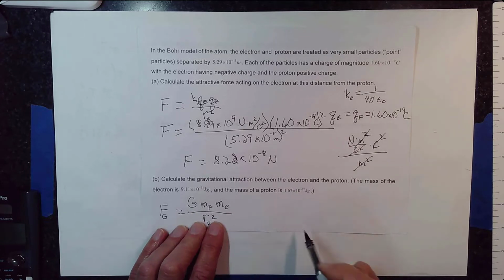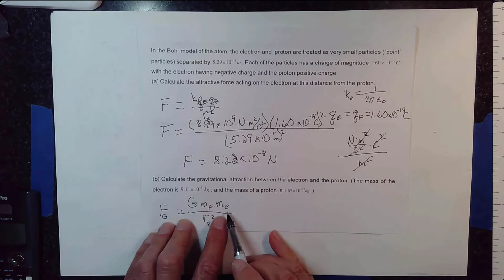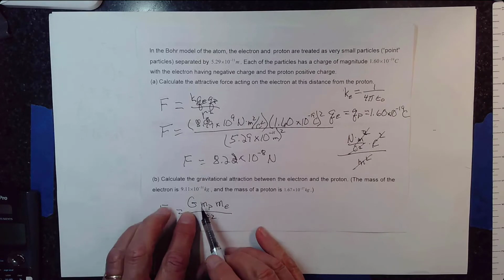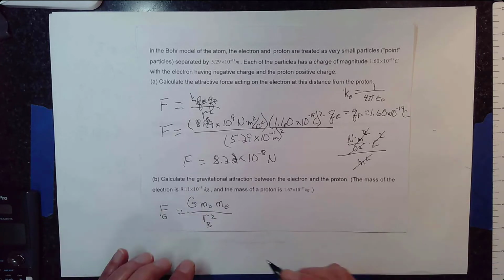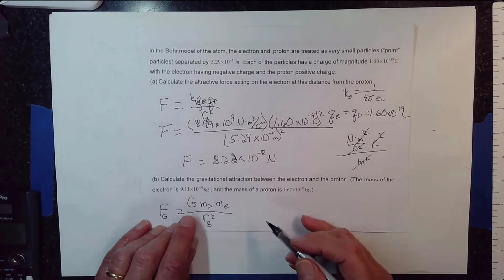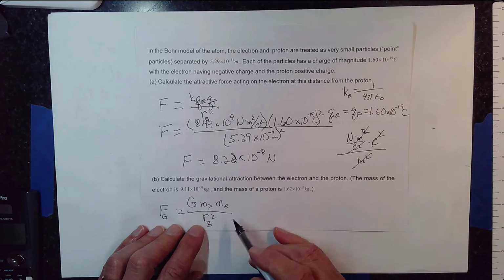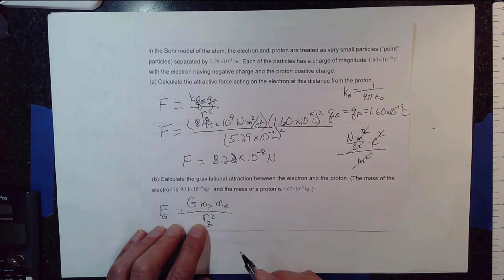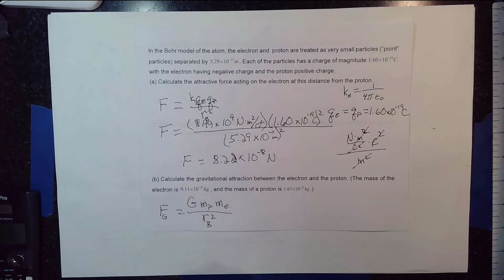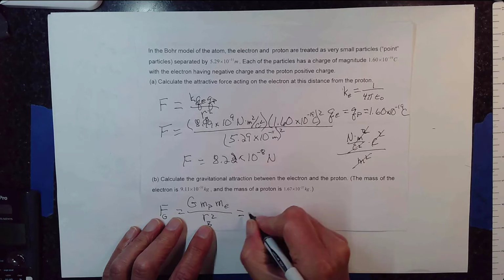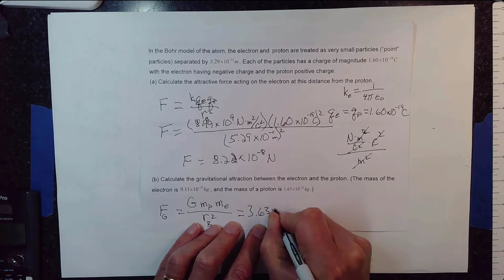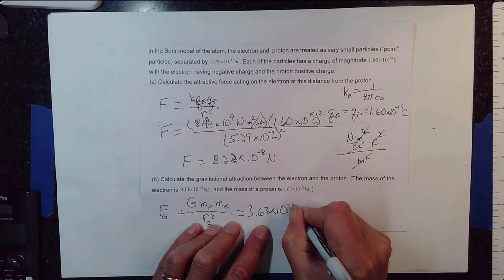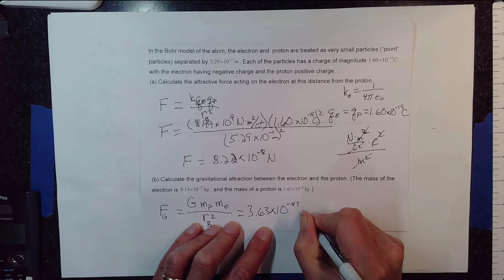And when you plug in these numbers, mass of the electron here, mass of the proton here, universal gravitational constant, 6.67 times 10 to the minus 11th newton meters squared per kilogram squared, and then that Bohr radius, you will end up with units of newtons again, and this ended up being 3.63 times 10 to the minus 47th newtons.